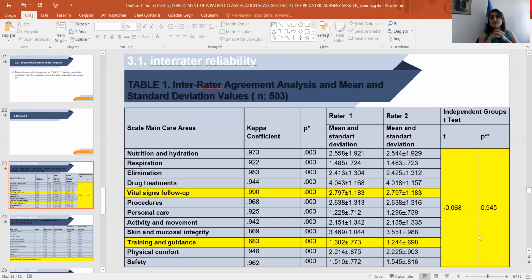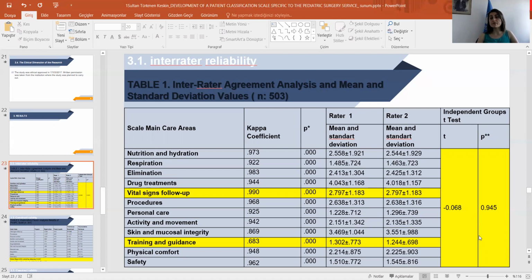Using the data obtained from 301 patients, principal components analysis and Varimax rotation were used in the EFA to determine the factor structure of the scale. As a result of the analysis, the factor loading of the training and guidance item was lower than 0.30.